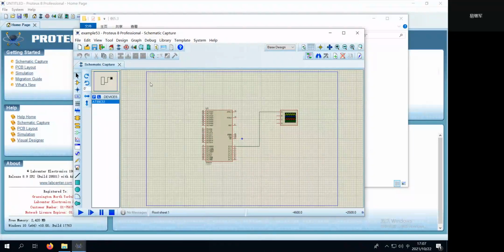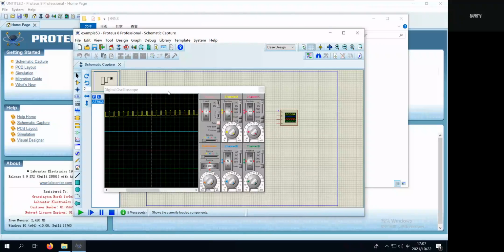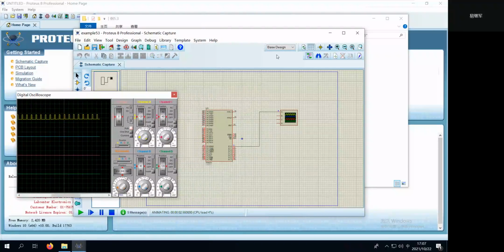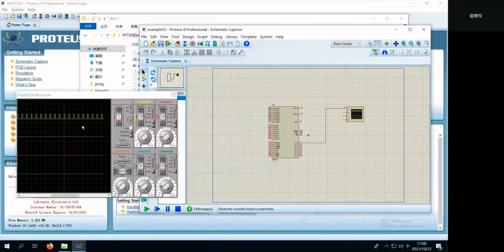You need to buy it. Okay, no problem, Laoshi. We will find a free one. We can simulate this example's output ports, we can simulate the program.